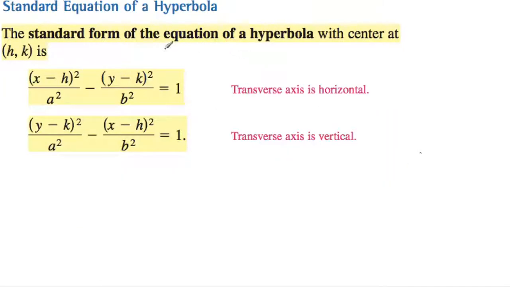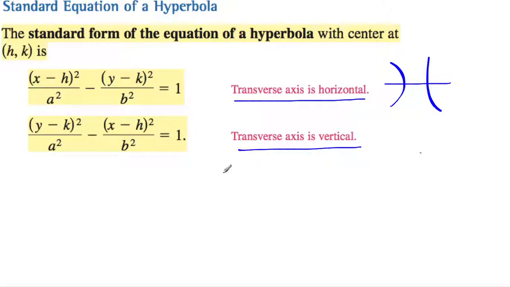So here are your two equations, not to be confused with the equations for ellipses, where we had plus signs in here. Now we have minus signs in here. When the transverse axis is horizontal, so when we have these hyperbolas open up just like this, that means that we have the a squared with our x value.